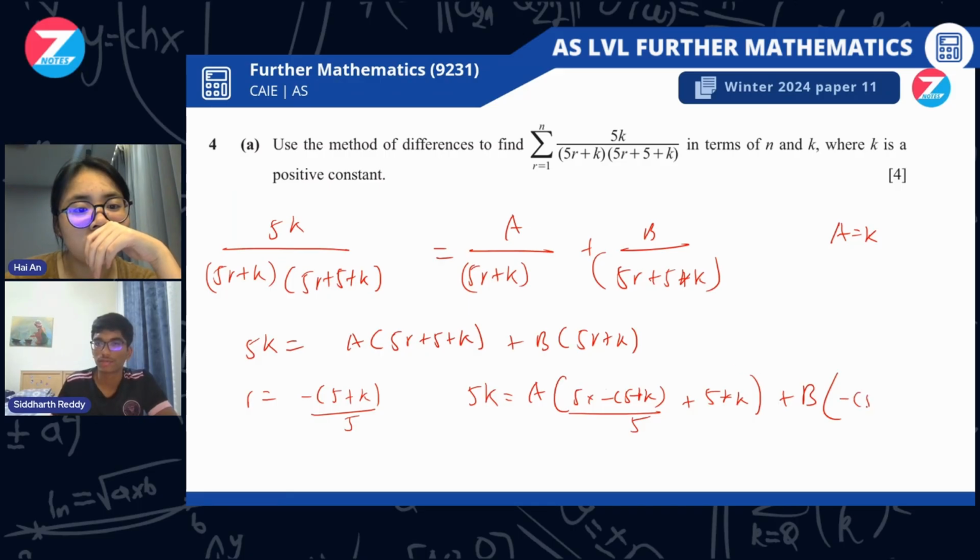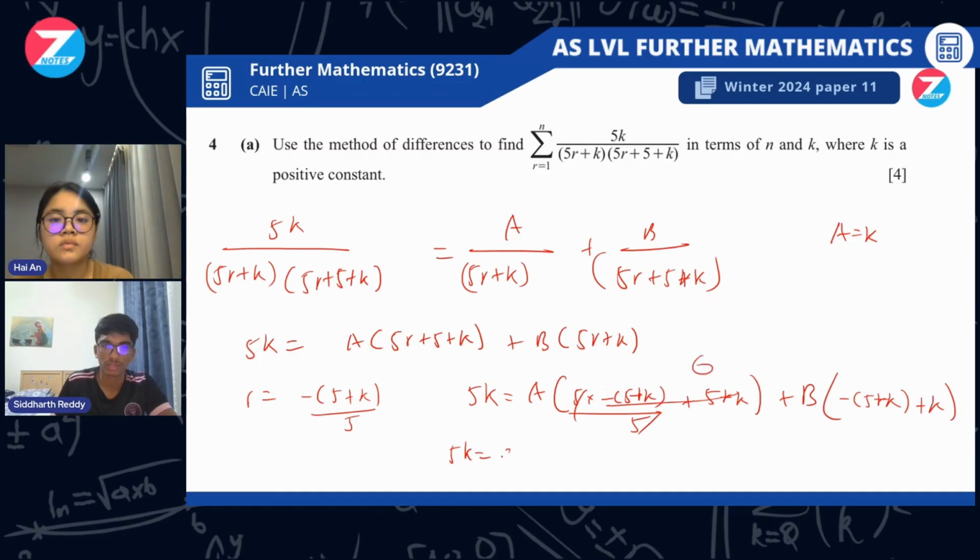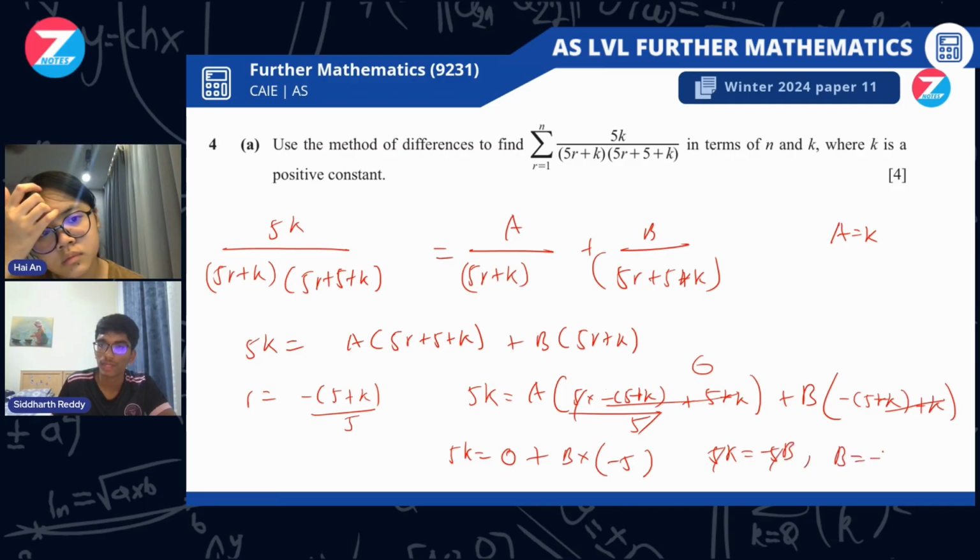So we get minus 5 plus k plus k. So 5k is equal to, so this cancels. So we have minus 5 plus k plus 5 plus k. So this just becomes 0. So this whole part becomes just 0 plus b into, so we have minus 5 minus k plus k. So this just becomes minus 5. So 5k is equal to minus 5b. So b is equal to minus k.